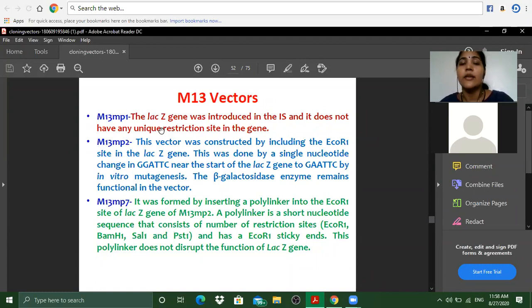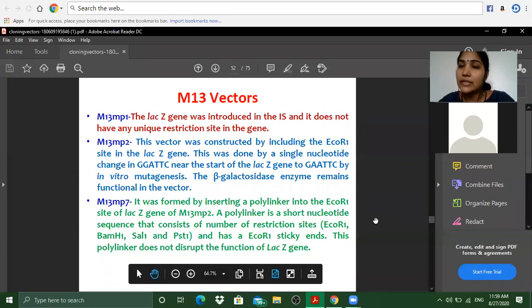So they have inserted this particular gene also, and they have put clusters of restriction sites in this lacZ gene, same as what we saw yesterday in the plasmid, right? In the plasmid vector also, they inserted the lacZ gene, and they inserted the clusters of restriction sites in that lacZ gene itself.